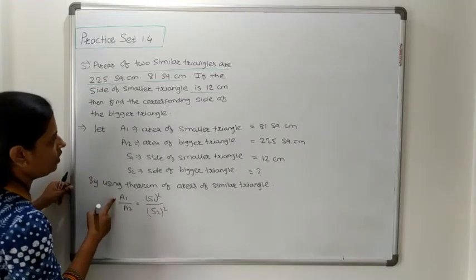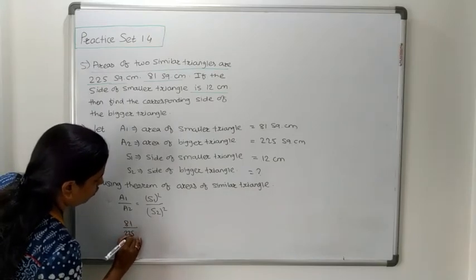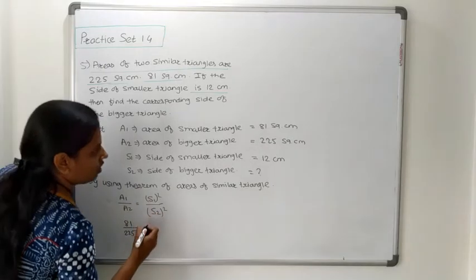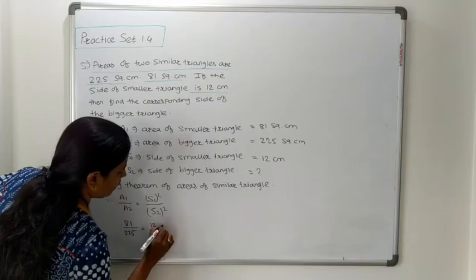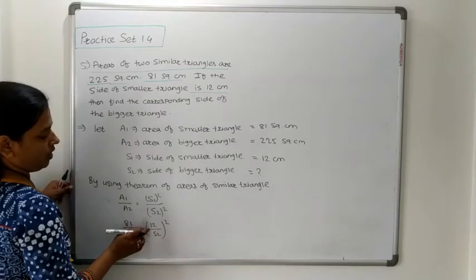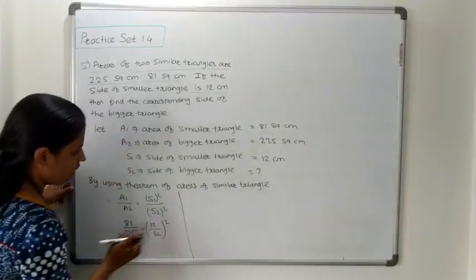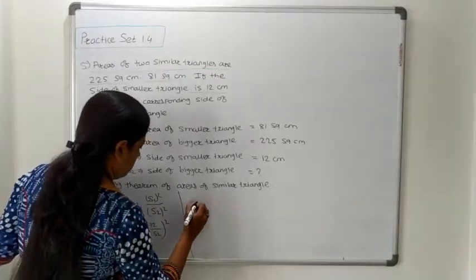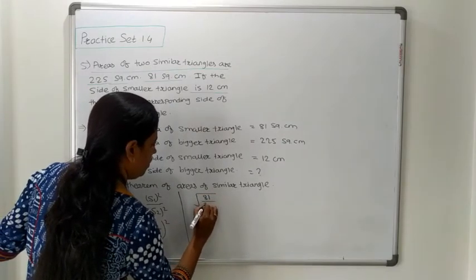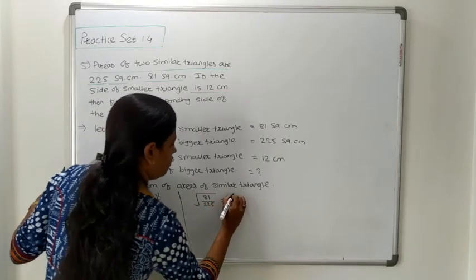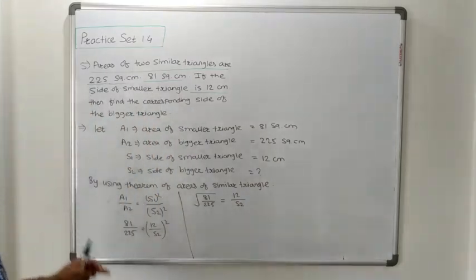What is the value of A1? 81. 81 upon 225 is equal to 12 square upon S2 square. Now we take the square root on both sides, so 81 upon 225 under the square root is equal to 12 upon S2.